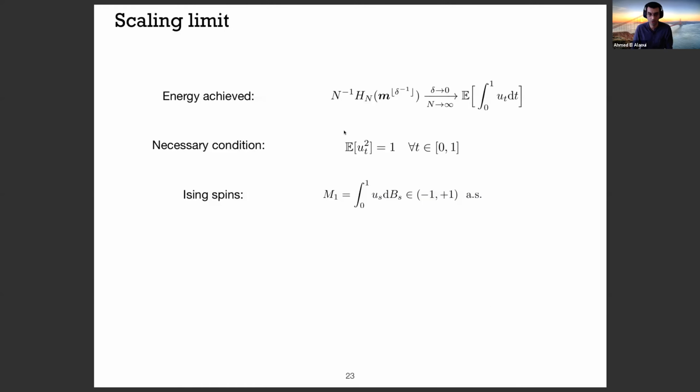The next thing you would need to do is try to understand what value is achieved by these iterates up to a certain time L. Here I'm taking L to be delta inverse. What you can show with a simple computation is that in the limit n goes to infinity followed by delta to 0, this energy that you will achieve is given by the expectation of the integral of ut dt.